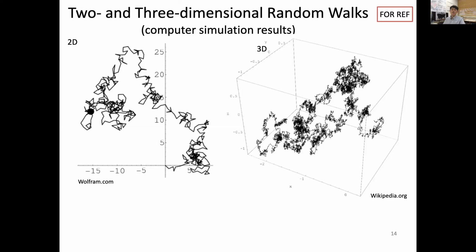So now we have discussed the one-dimensional random walk. I want to share the 2- and 3-dimensional random walk results, which are computer simulation results.